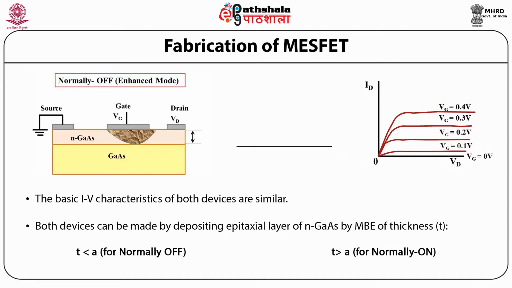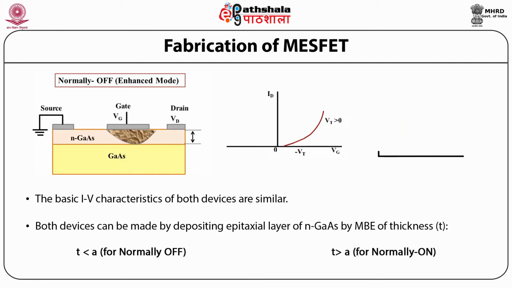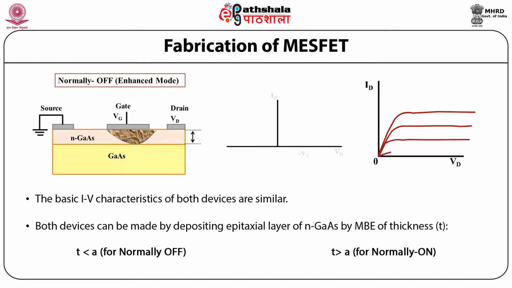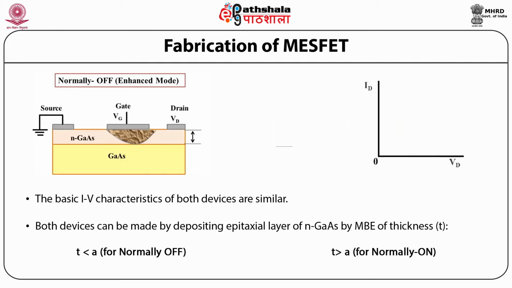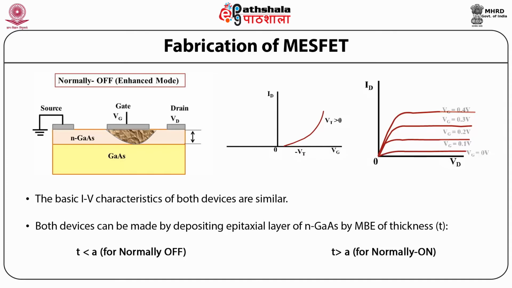In enhancement mode, the width of the depletion region in the N-type semiconductor underneath the Schottky contact is wide enough, without applied voltage, to pinch off the channel as shown in the figure.